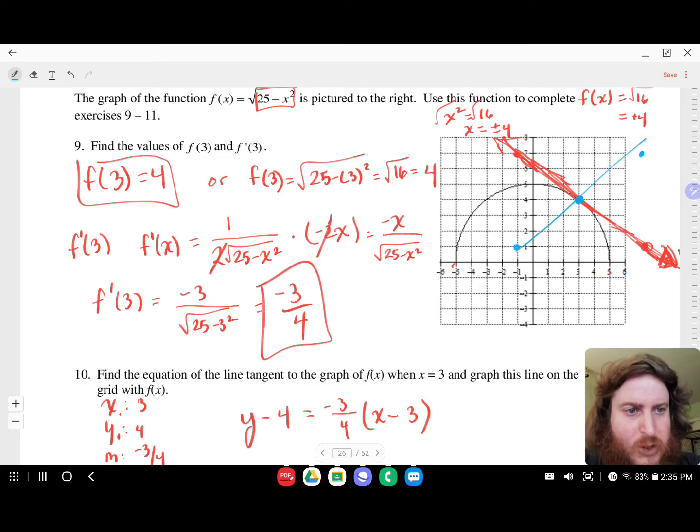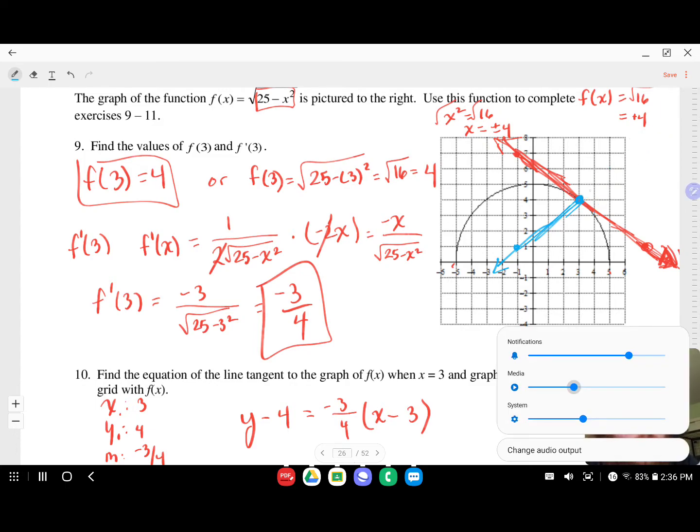And so when we graph this, what should happen is if we had graphed it totally correctly, it should look like a perpendicular line. I didn't use a ruler, so mine doesn't look quite perfectly perpendicular. Oh, and I think it's actually because I didn't go up 4.